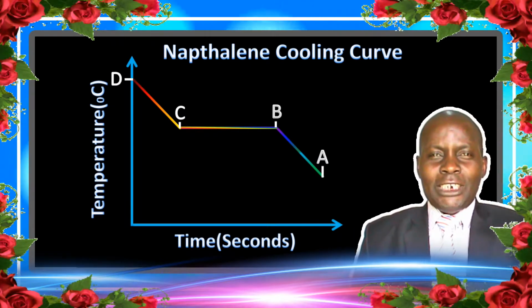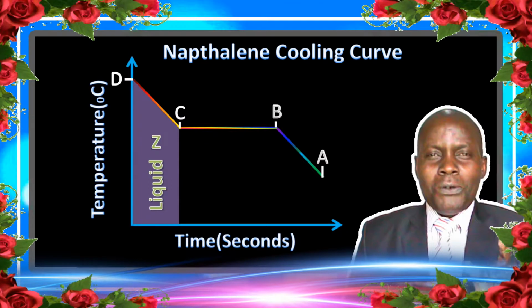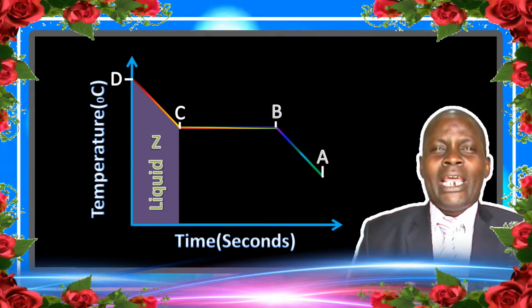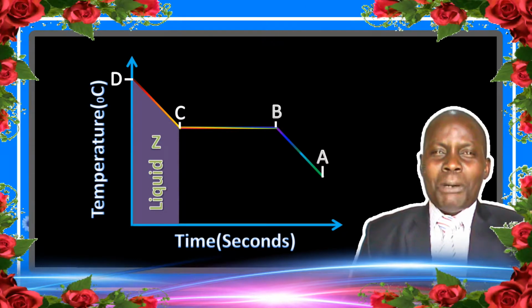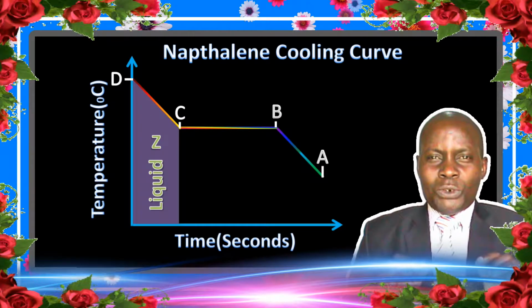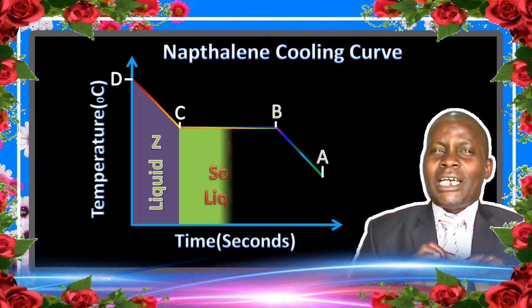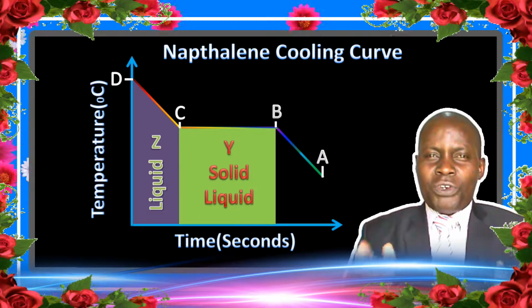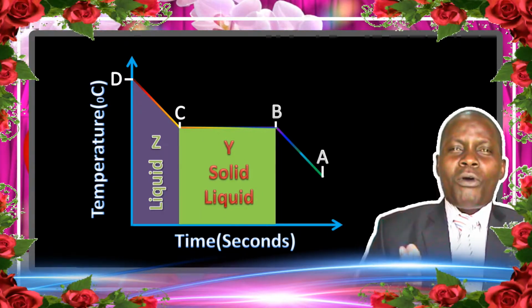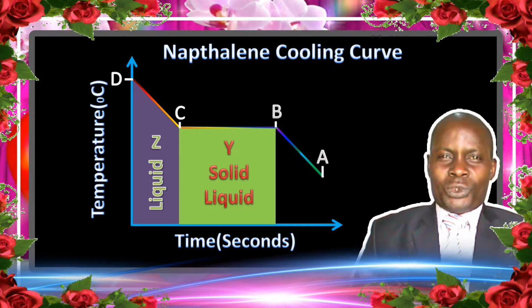From point D to point C, in that phase we have only liquid naphthalene, and the liquid naphthalene is cooling. When it reaches point C, the temperature becomes constant to point B. In that phase, we have both liquid naphthalene and solid naphthalene.